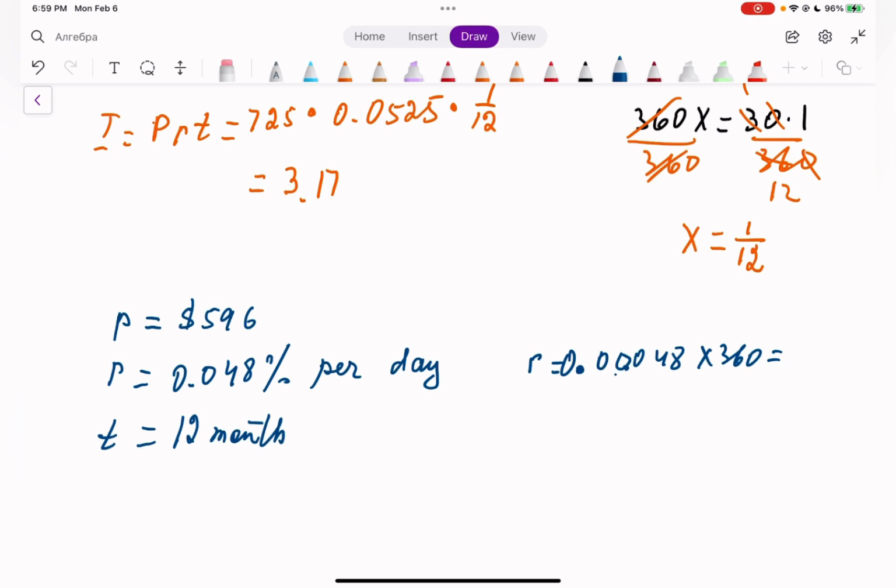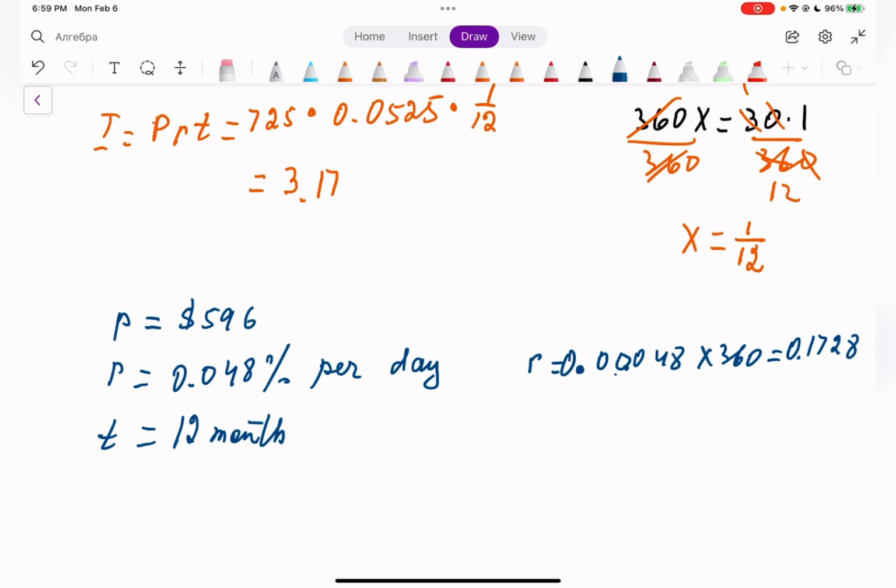Let me multiply. 0.00048 times 360, and I'm getting 0.1728.